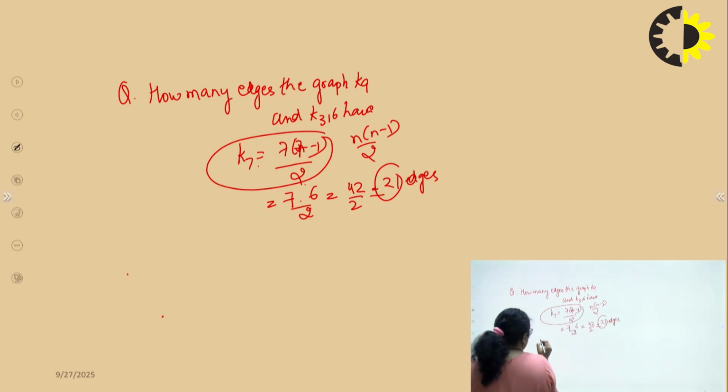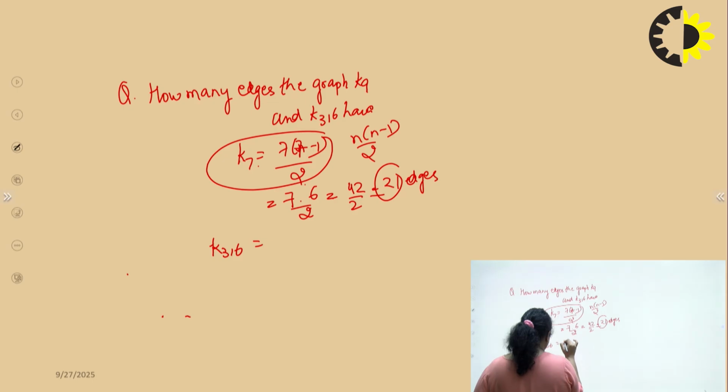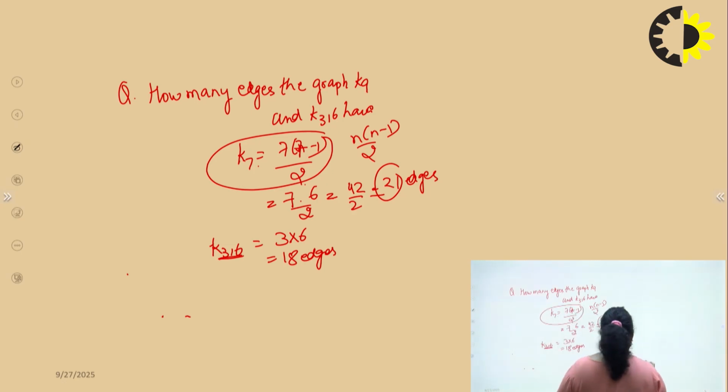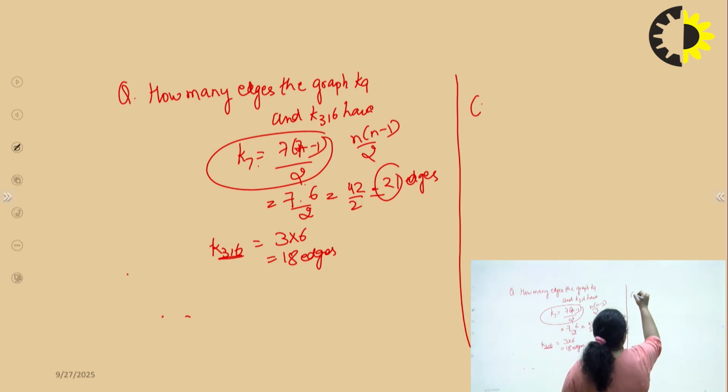And for finding the number of edges of K3,6, this is a complete bipartite graph, we will multiply, then we have 18 edges. Now again we are given another question.